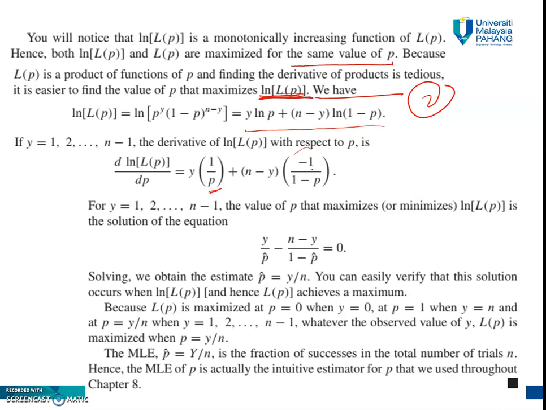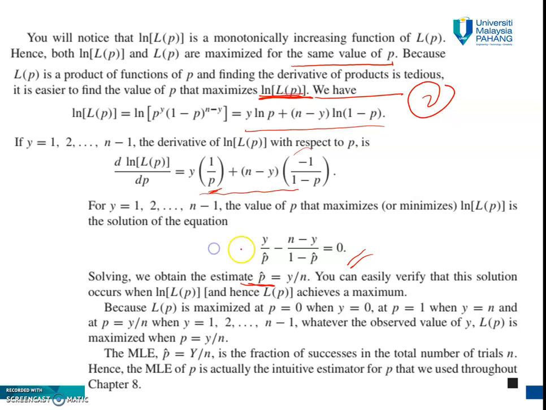Okay. So then for y from 1 until n minus 1, the value of P that maximizes or minimizes is the solution of the equation. That means you need to set it equal to 0. So you have this one, you set it equal to 0. Then you solve for P hat.